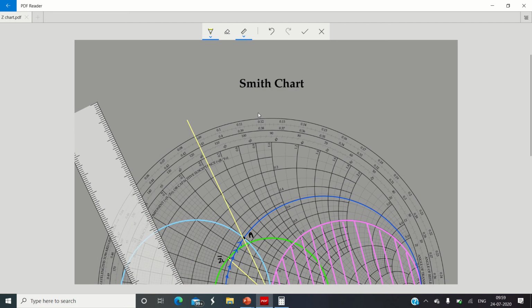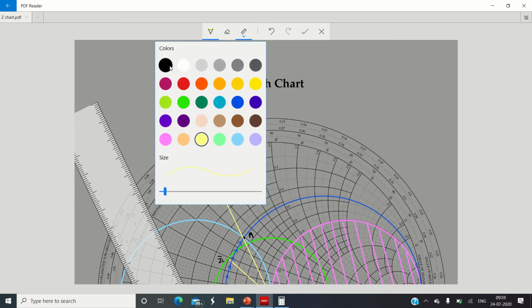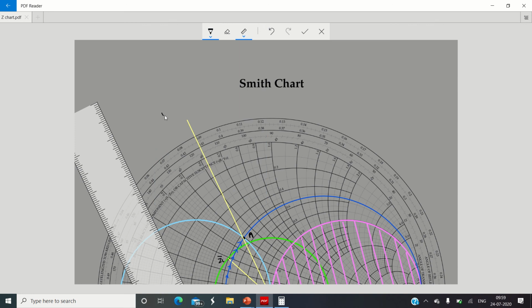and read what the WTG value is there. Okay, so the WTG value is approximately 0.088. I will write here WTG.